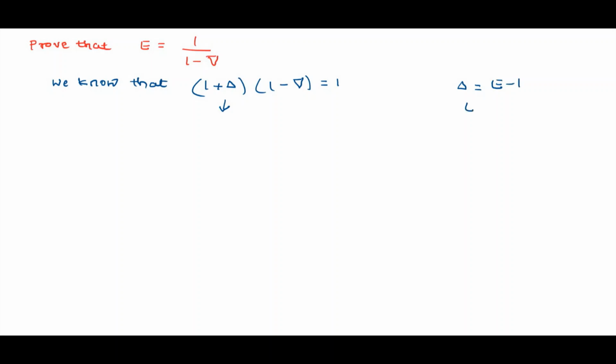So what is e equal to? E is equal to 1 plus delta. So therefore this 1 plus delta is equal to e, and 1 minus del write as it is, equal to 1. And now transpose this 1 minus del to the right hand side. E is equal to 1 divided by 1 minus del, which is the required solution.